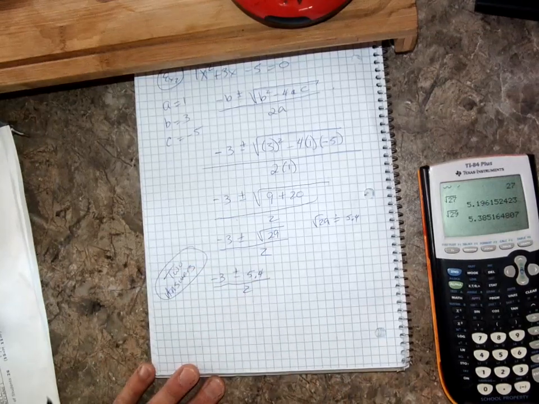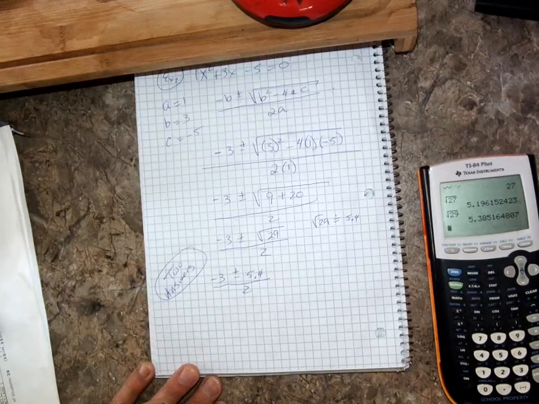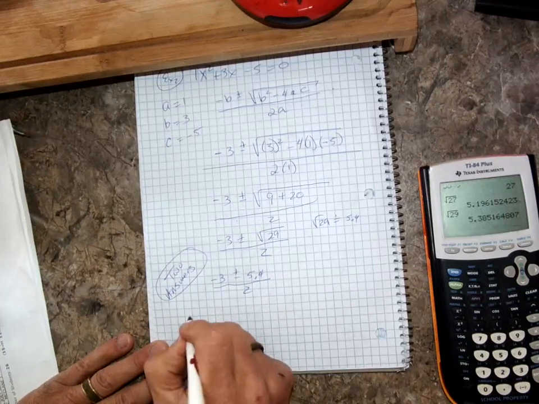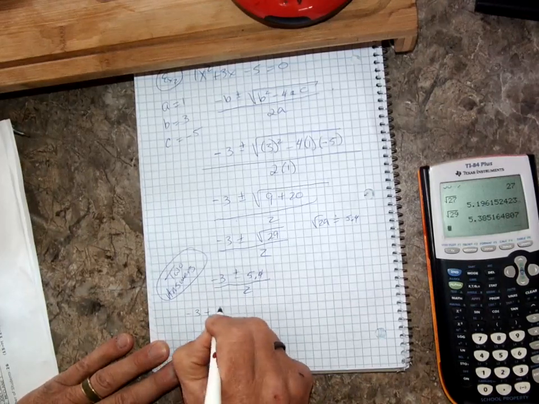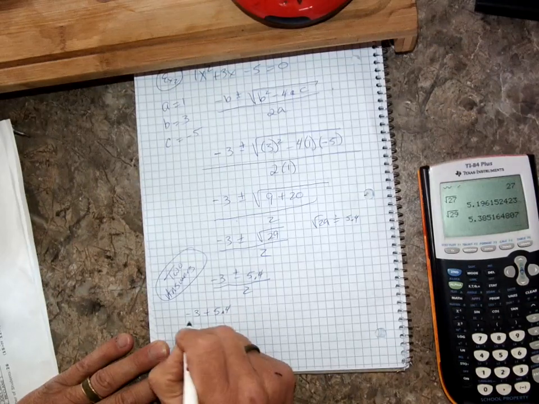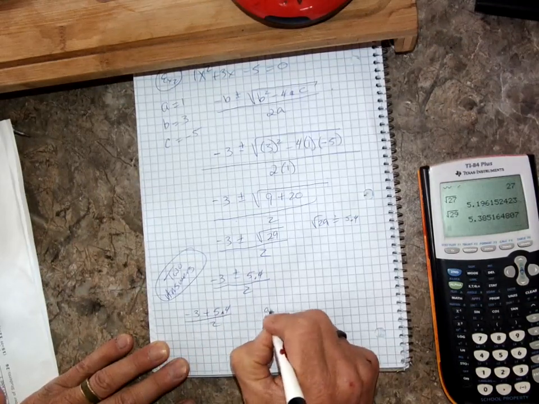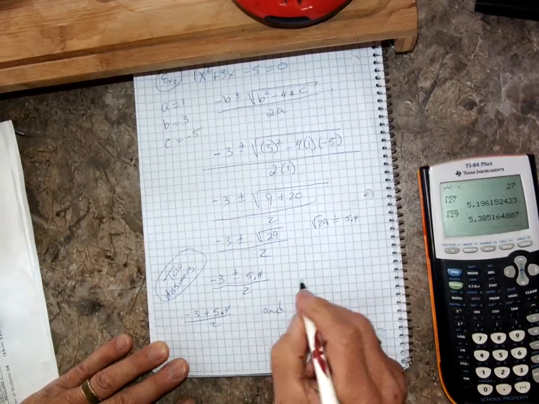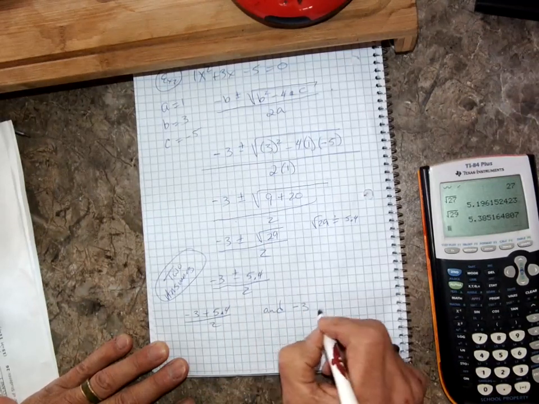I know there's two answers because it's an x squared. So I go negative 3 plus 5.4 over 2, and I'll go negative 3 minus 5.4 over 2.